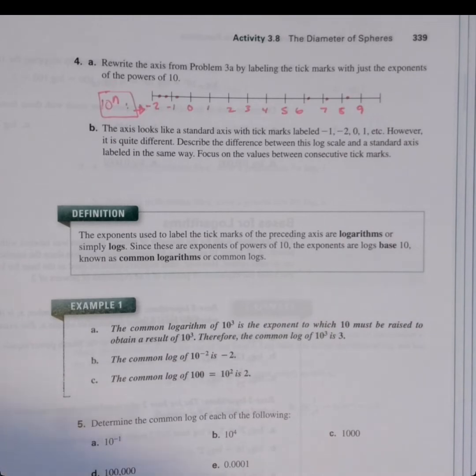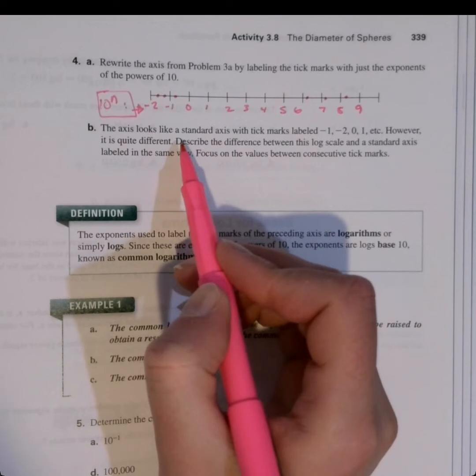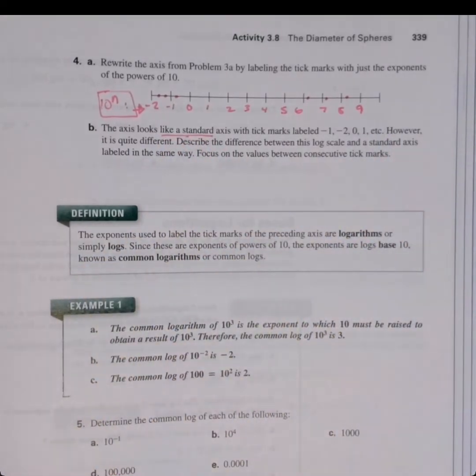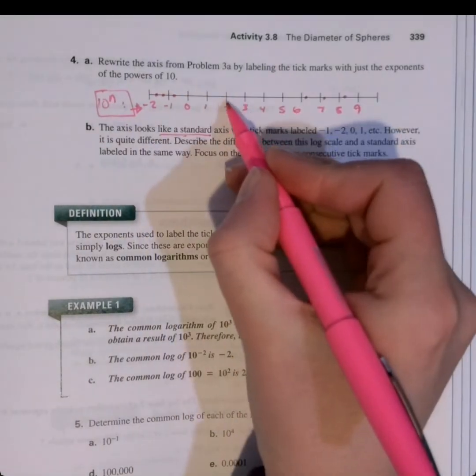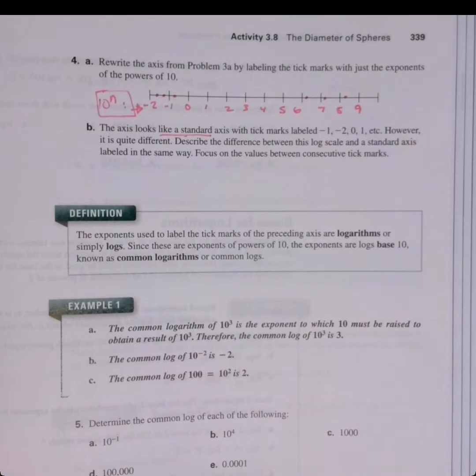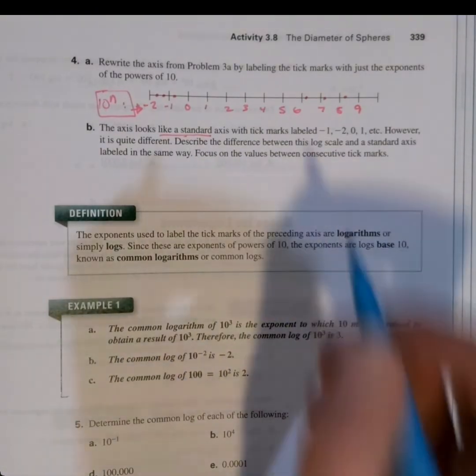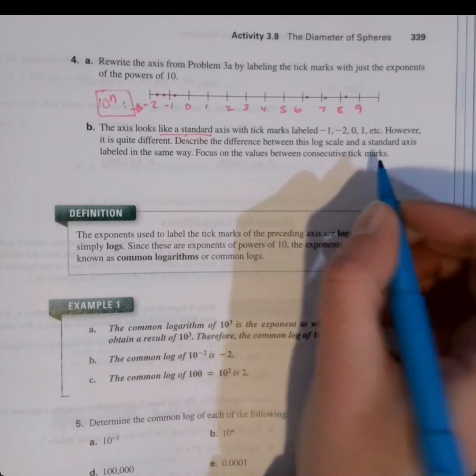Okay. This axis, though, could be misleading because it looks like a standard axis, but it's not, because these are not incrementing by 1. They're incrementing by a power of 10. Okay, so focus on values between consecutive tick marks.